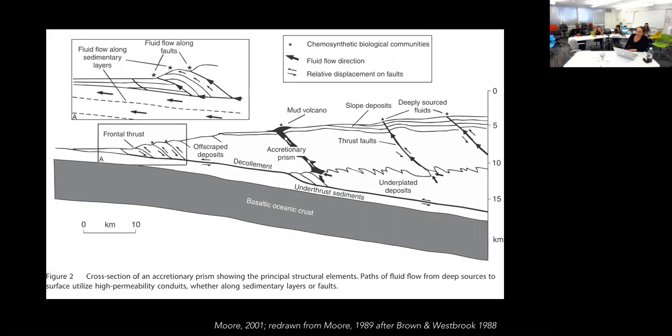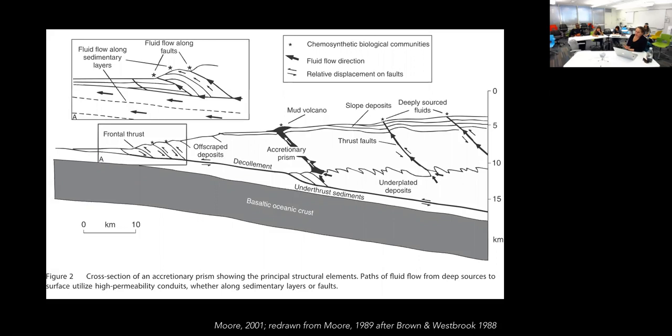In general, the water that's coming out there is not so different from the seafloor water, although it might be a little bit warmer because it's coming from depth. And even a little bit warmer than 4 degrees is enough oftentimes to have those vents colonized by organisms. Then as we move back in the prism, the farther the sediments go down, if the sediments have any kind of organic material in them, which they usually do, that organic material will start to mature.